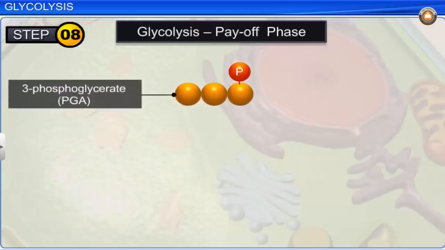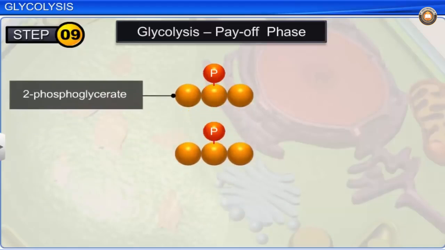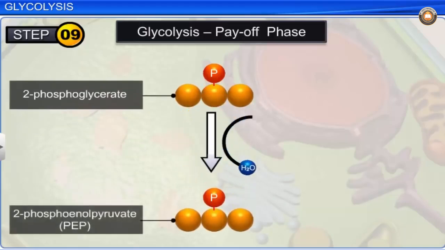The phosphate group in 3-phosphoglycerate is relocated to form 2-phosphoglycerate, which is then converted into 2-phosphoenol pyruvate or PEP by losing a water molecule.